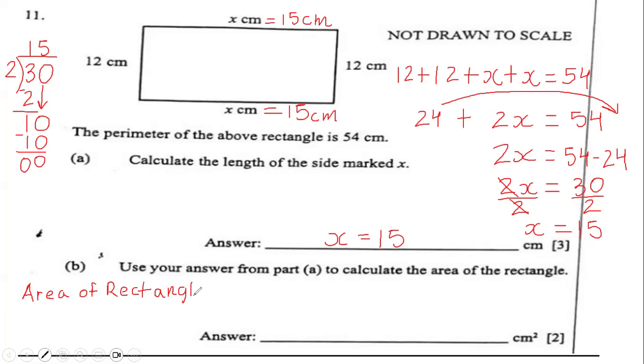That's how we get the area of the rectangle. And this is going to be equal to length times width. So this is length multiplied by width.